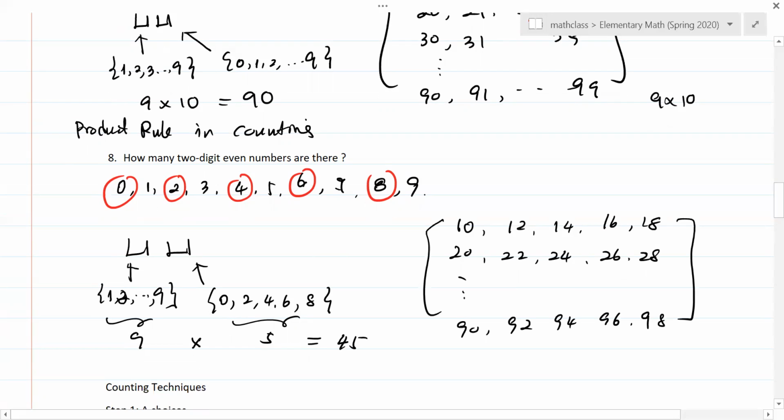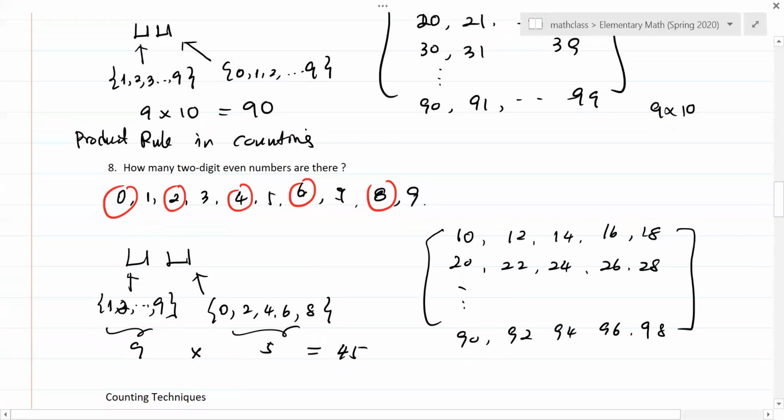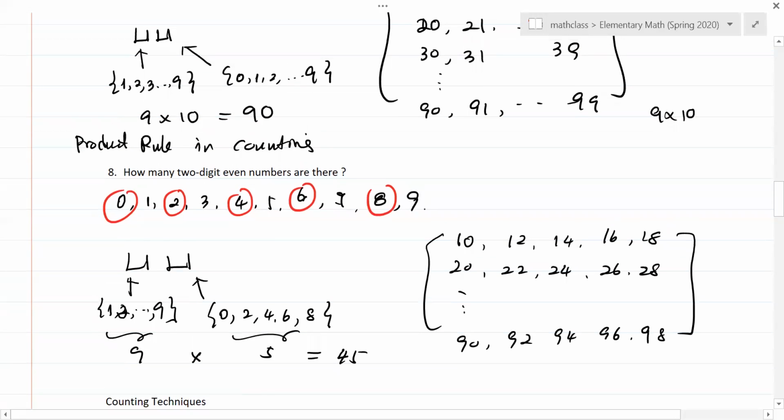Got it? This is called the product rule. The reason it's the product rule comes from the matrix. But you don't need to write out the matrix if you know the product. The product rule comes from the matrix: you have so many rows, so many columns.